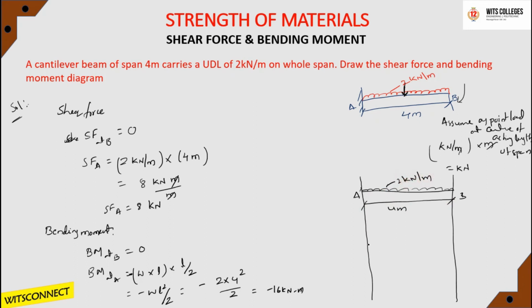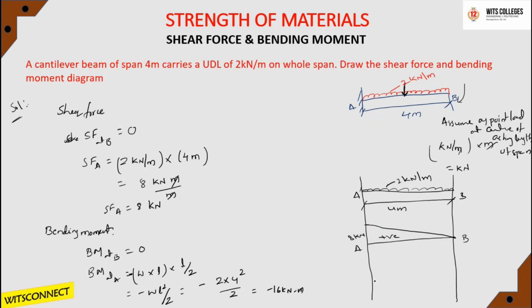For shear force, at B it is 0 and at A it is 8. For a uniformly distributed load, the shear force diagram is an inclined line, not a horizontal line. Joining these two points, this is positive 8 kilonewtons.